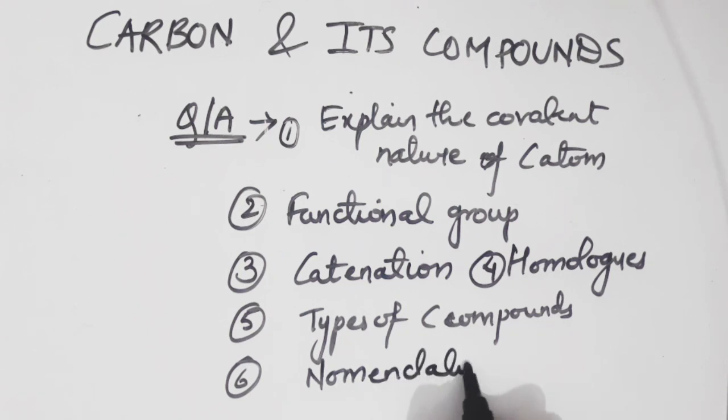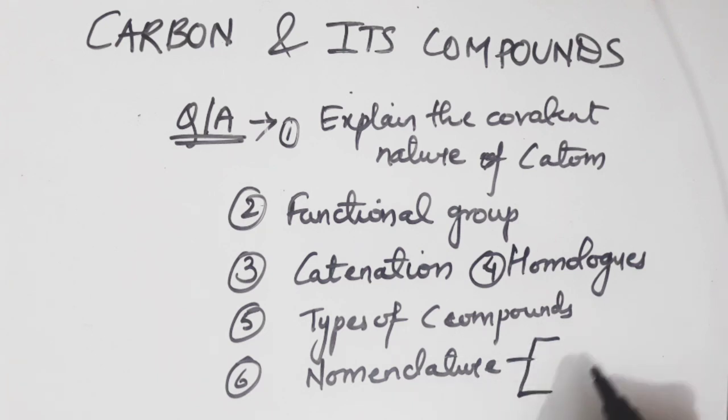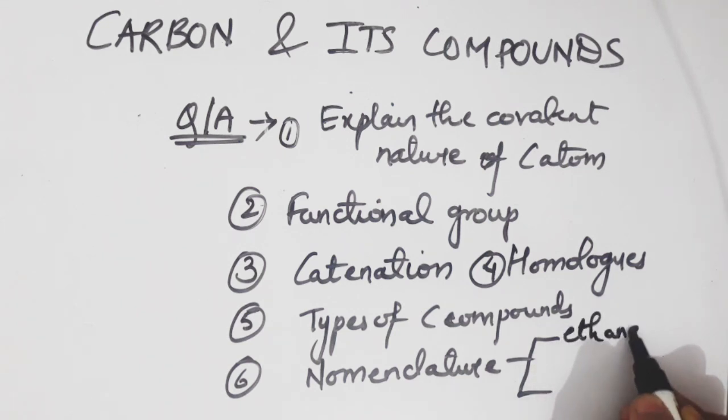Now, you can be asked two types of questions in the nomenclature section. The first one is they will give you the name and ask you to draw the structure, and the second is that you will have to answer the name of a structure that is drawn in the question. So, you can be asked to draw the structure of ethane, or you can be asked what is the name of this compound. Both these questions can come from the nomenclature section.